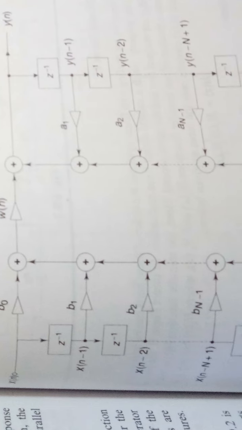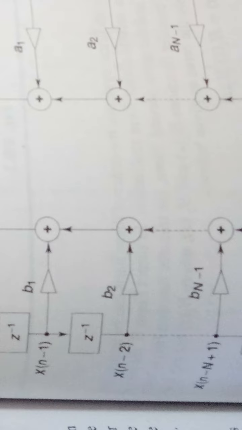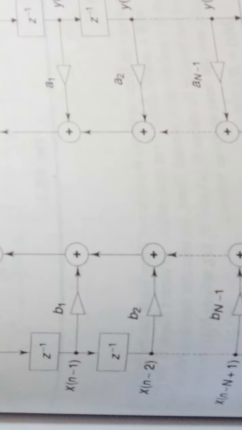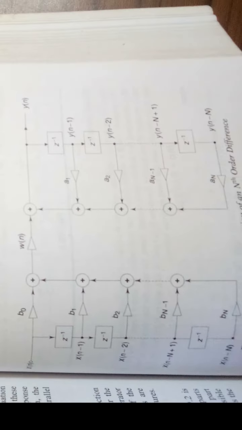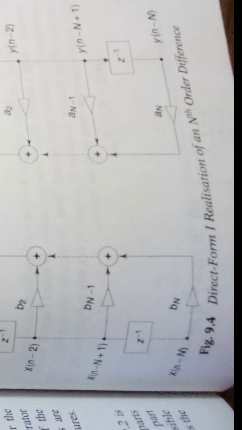This is first order. x(n-1) is produced by a single delay, then by the second delay x(n-2) is produced. The bk coefficients are there, and here x(n-N), the nth order part.